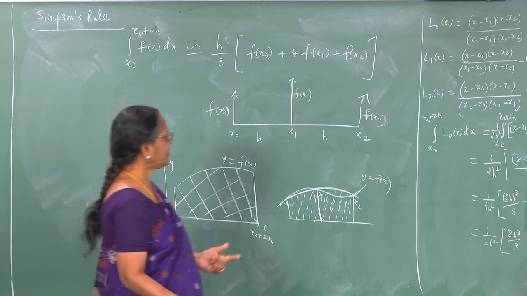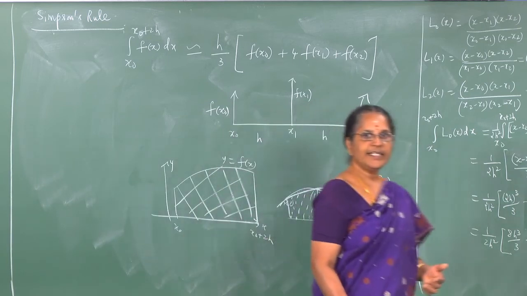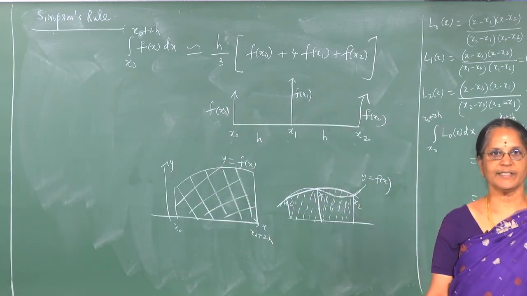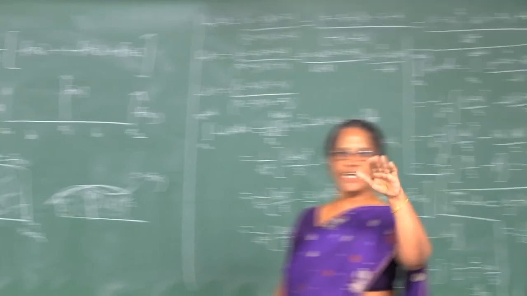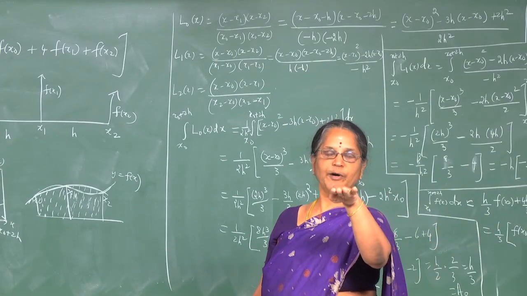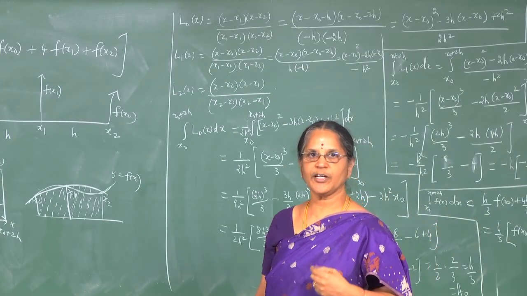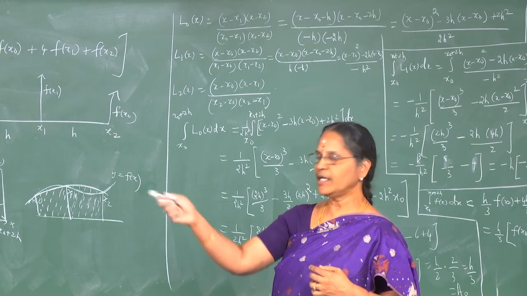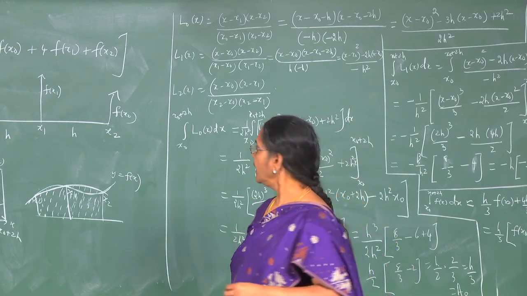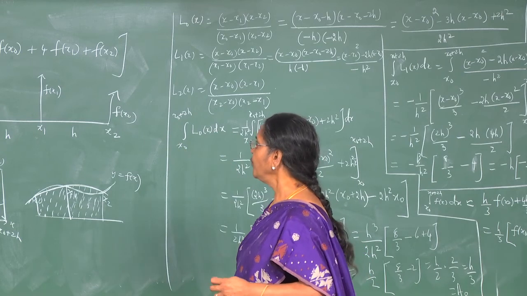So, we observe that we have derived Newton-Cotes formulas by approximating a function in an interval by a linear polynomial, and we obtained the trapezoidal rule, and by a quadratic interpolation polynomial, and we obtained Simpson's rule.